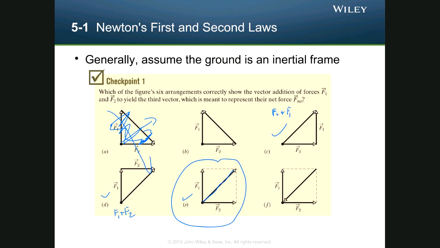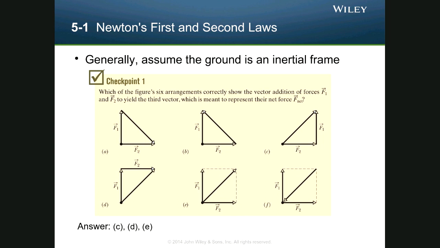Keep in mind multiplication may be, but not necessarily. It depends whether you're doing a vector product or a scalar product. Okay. So C, D, and E are correct. We can see the book loves us too.